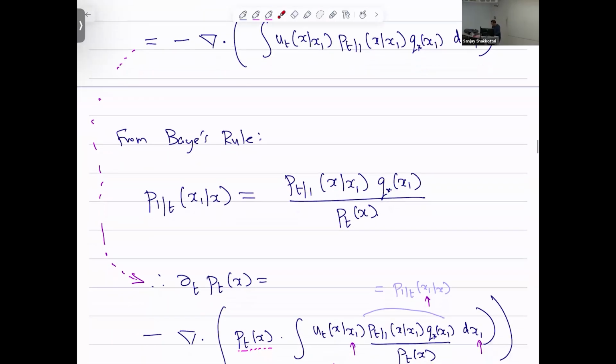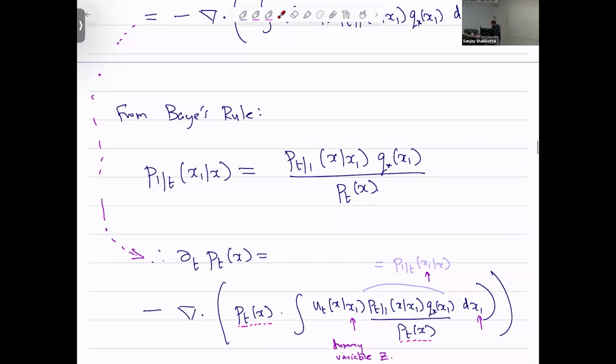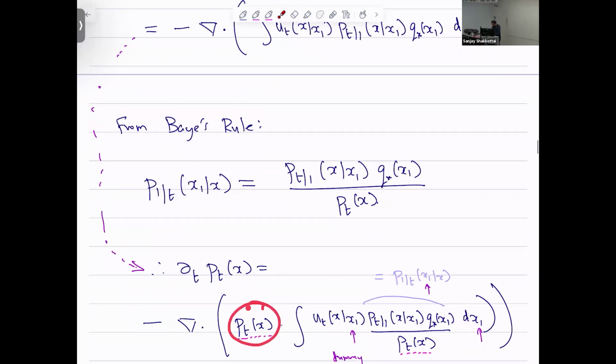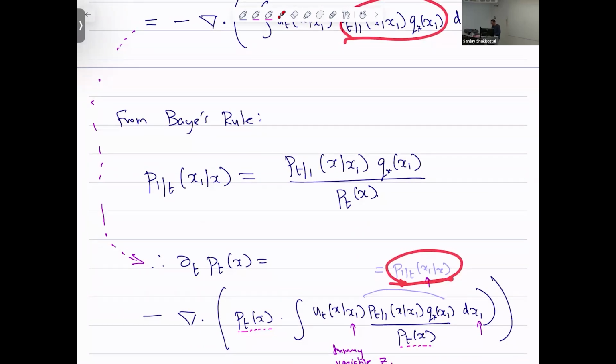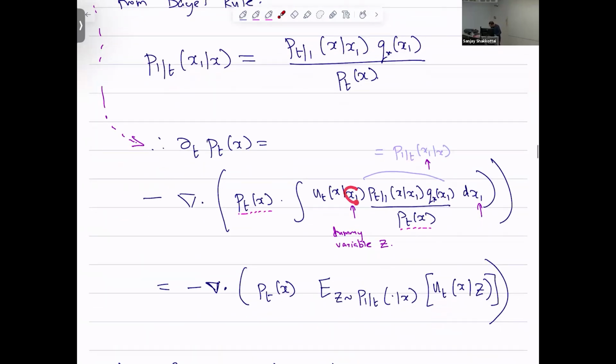Which means that we'll get the marginal times p1 given t. So this product becomes p1 given t of x1 given x. Good so far? I've just used Bayes' rule. So if I treat little x1 as a dummy variable, so this has gone away, remember? This whole thing has gone away.